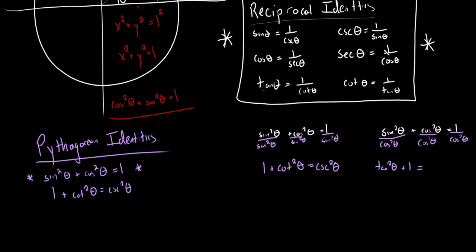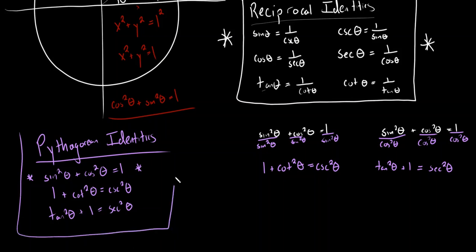If secant is 1 over cosine, then secant squared would be 1 over cosine squared. And there is another trigonometric identity. Okay, so these are what we refer to as the Pythagorean identities.